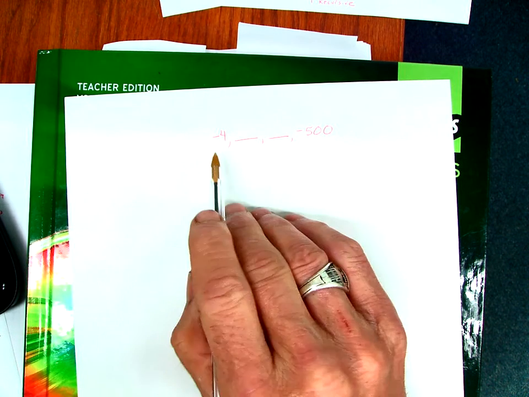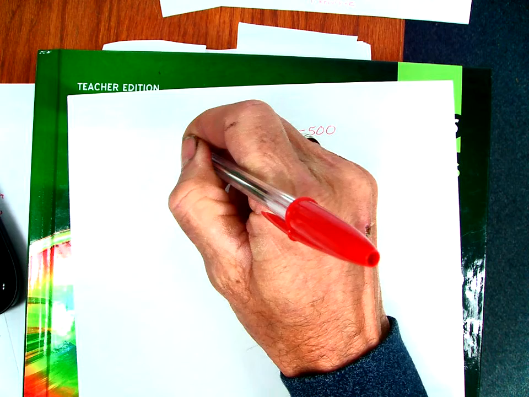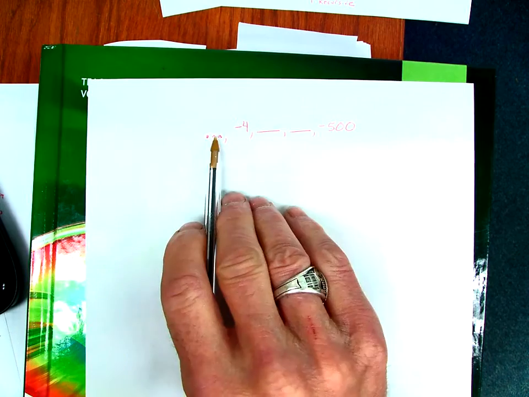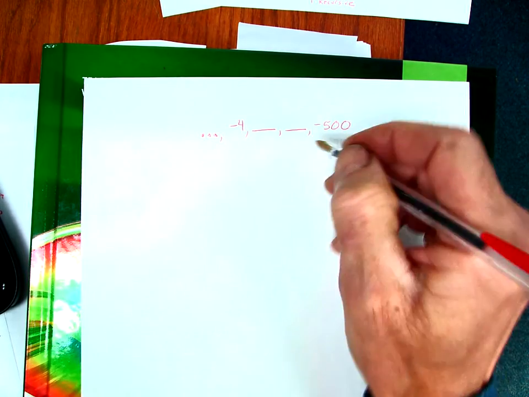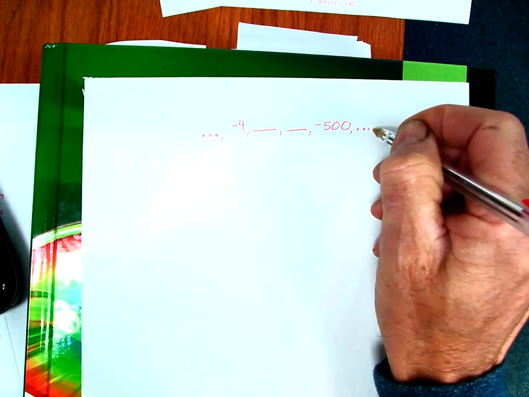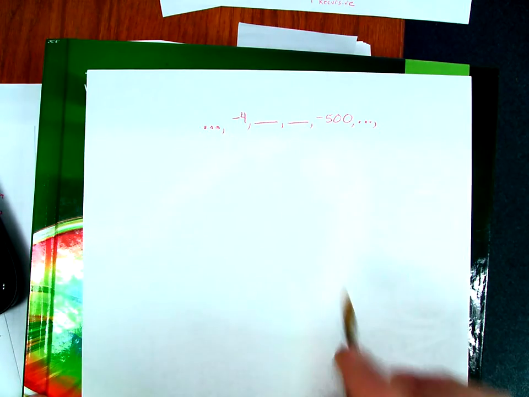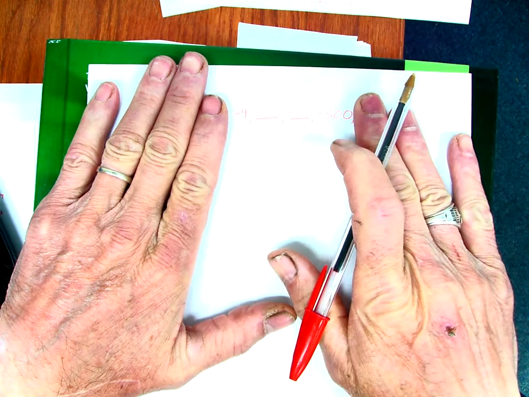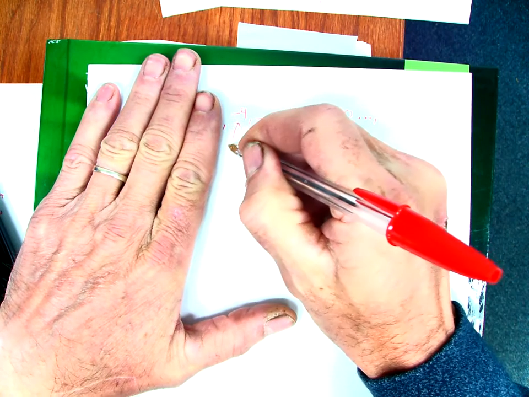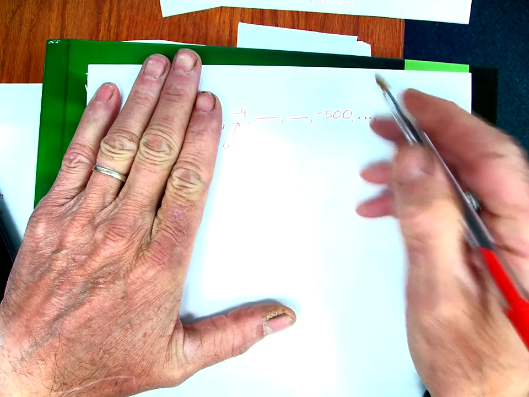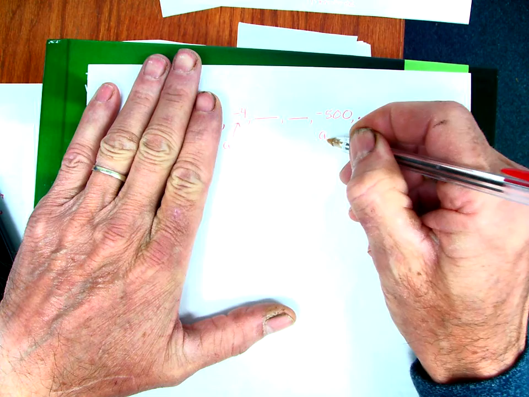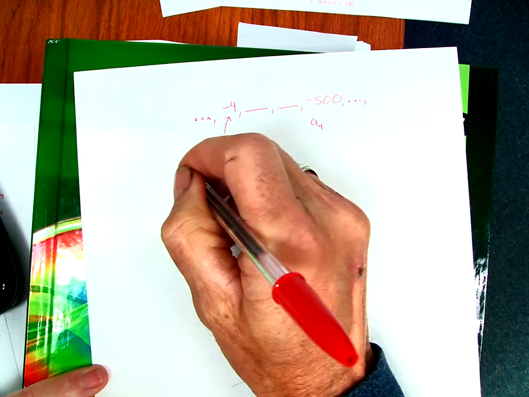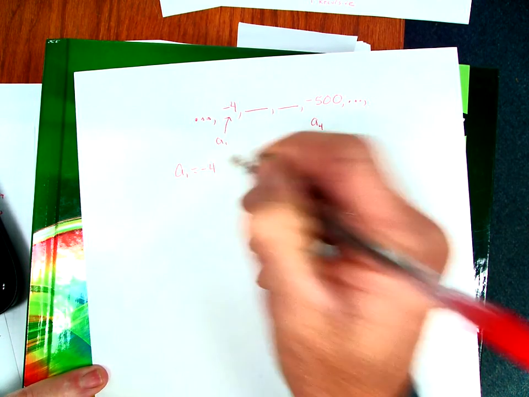Now, I don't know where in the series this comes along, because right in front of it are these, which means that there's more of it to the left. This would mean there's more of it to the right. But I can take just this part right here and work with just it. So I can call this a sub 1, which would make this a sub 4. So already I know that a sub 1 equals -4.